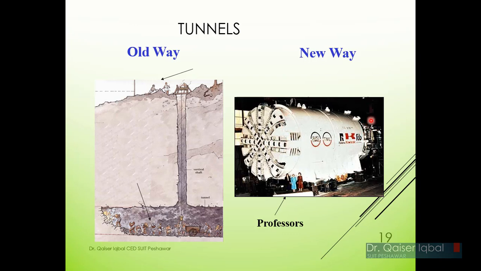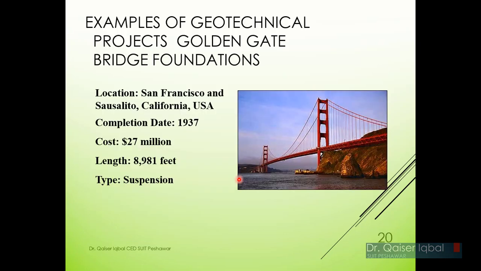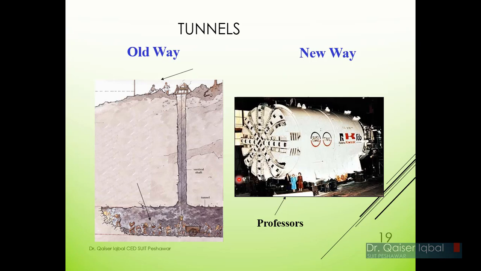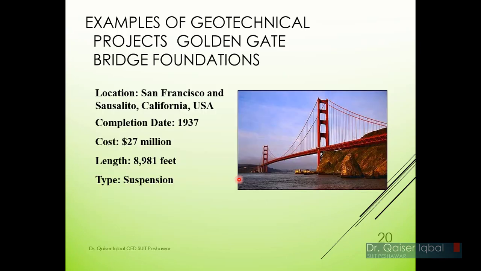At the same time, this machine has tunnel lining capability as well. They've got precast or cast in situ; both methods are available through which you can make the tunnel lining. So when this machine is moving along its way, it is digging the tunnel with it. So this is also an application of geotechnical engineering in tunnels, which you can see over here.